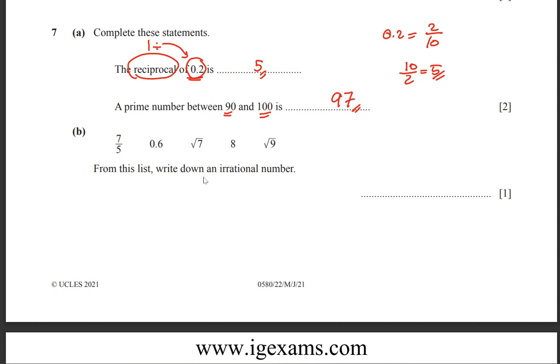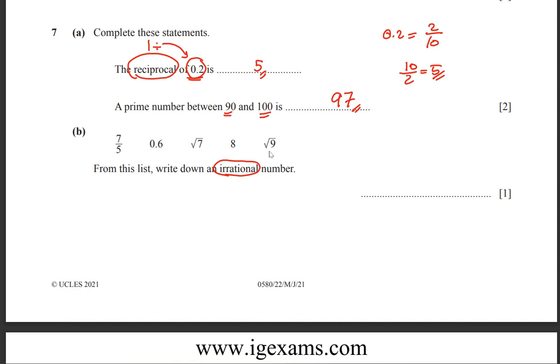From this list, write down an irrational number. What is the irrational number here? If he is asking about an irrational number, go far from the integers, because integers are rational numbers, and from the decimals that terminate, like 0.6, that terminates, so it is a rational number, not irrational.